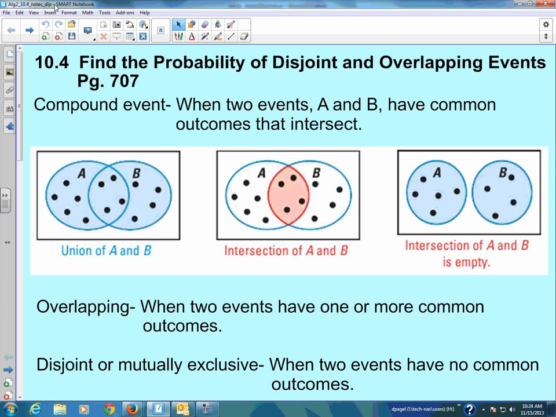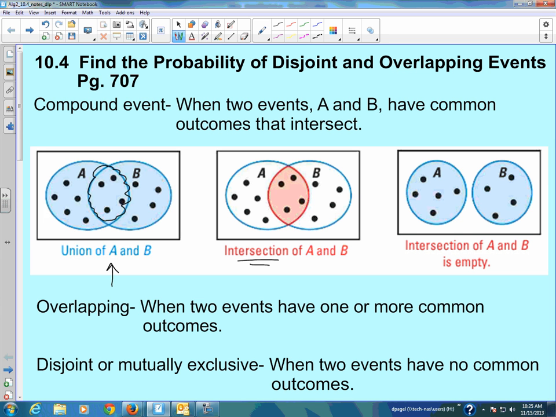So here we have a Venn diagram where we're looking at two events A and B, and in the first Venn diagram on the left-hand side, we see that in this case we have 4 items within each of our individual events of A and B that are common, and this is known as the intersection of our two events.